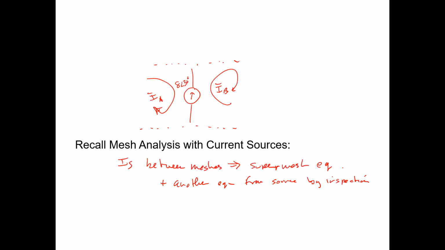And to help us with that equation today, we're going to have Alex. What is that equation for this particular case? If we have an IA and an IB and an 8 angle 30 source pointing up, what would the by inspection equation be for the super mesh?